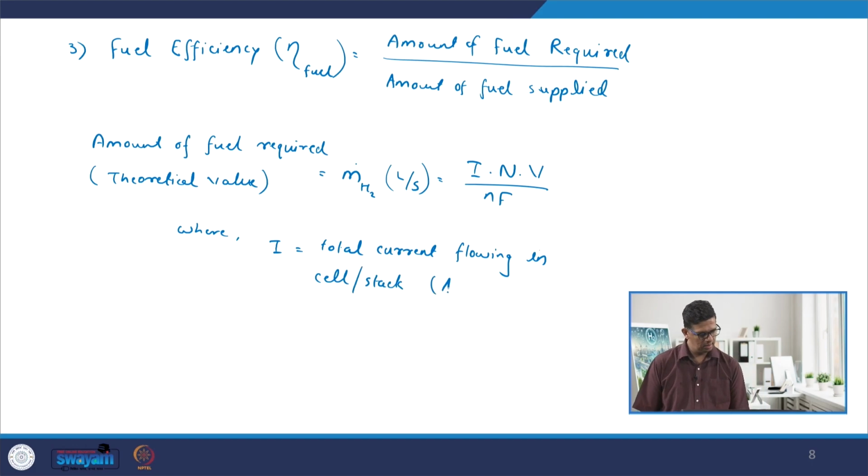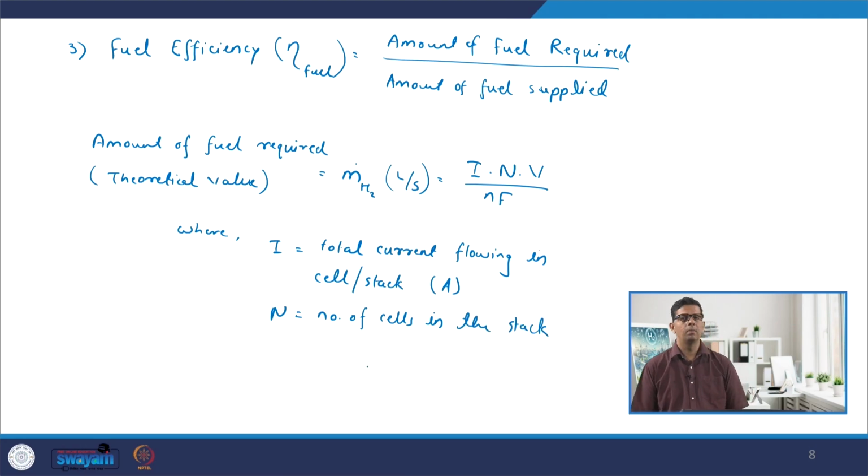This is in amperes. What is N? Capital N is the number of cells in the stack. So, it is a constant number. A stack can contain 2, 3, or even 5 cells or 10 cells. That number of cells determines the capital N.